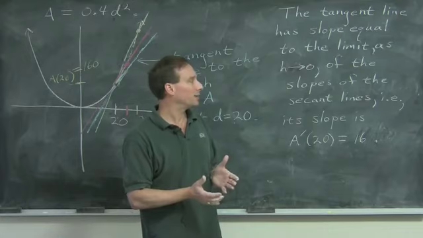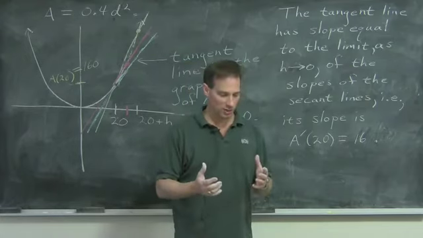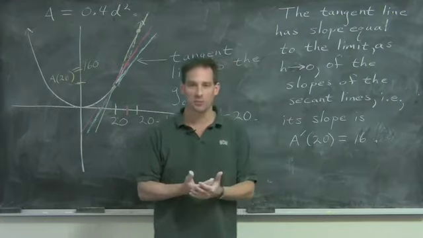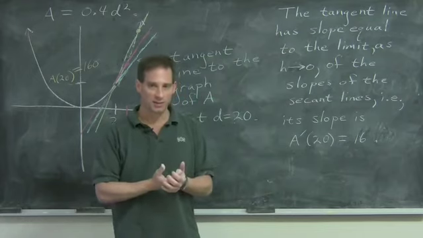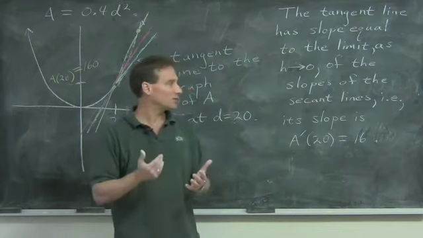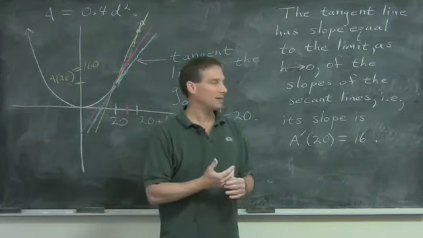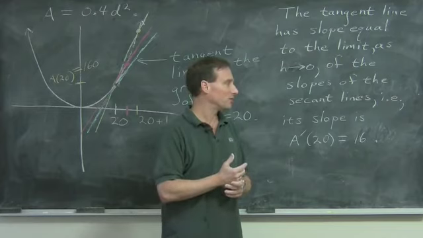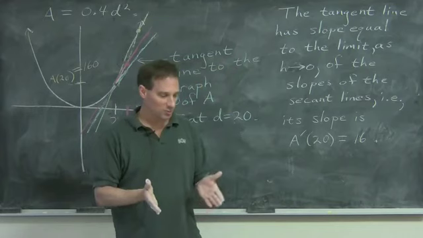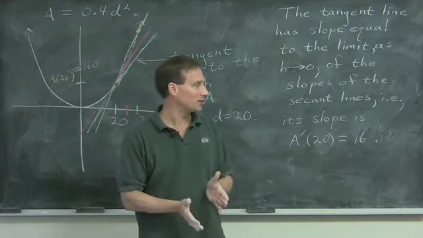And really, it's sad that lots of students come out of calculus courses remembering the rules and somehow not remembering that the derivative is the instantaneous rate of change. And why is it the instantaneous rate of change? Because it's defined to be the limit of the average rates of change. And while you may not calculate with the definition very often, it's the definition that gives you all of the applications, because it's the definition that makes the derivative the instantaneous rate of change.